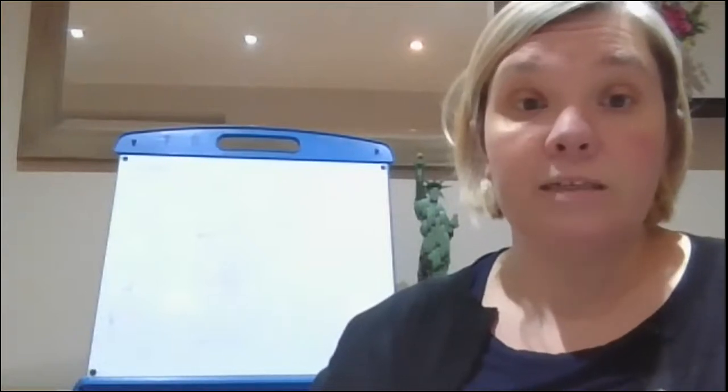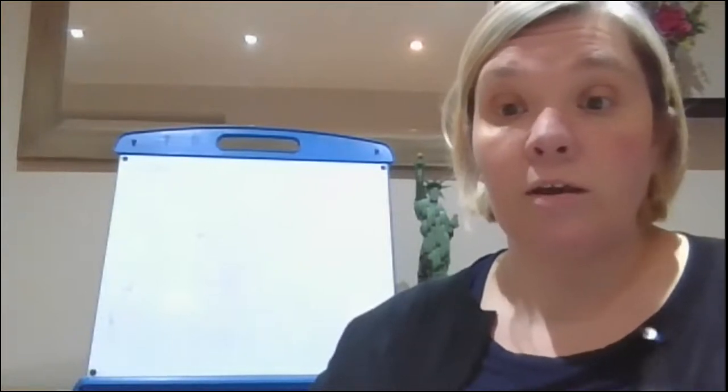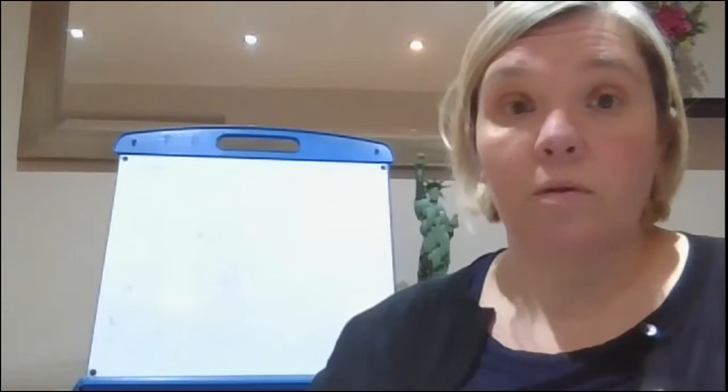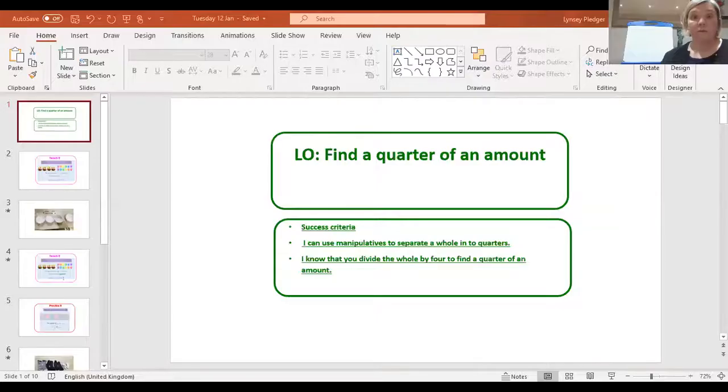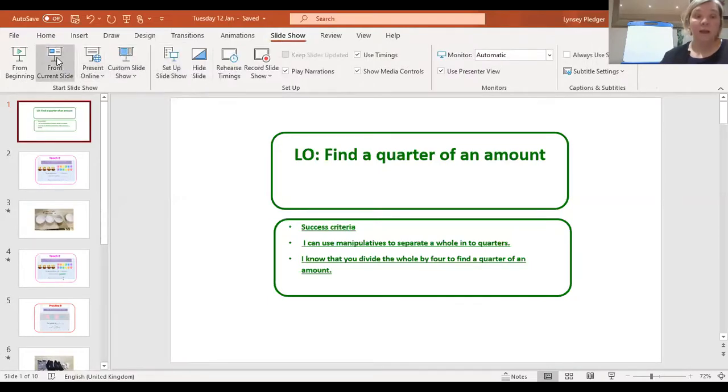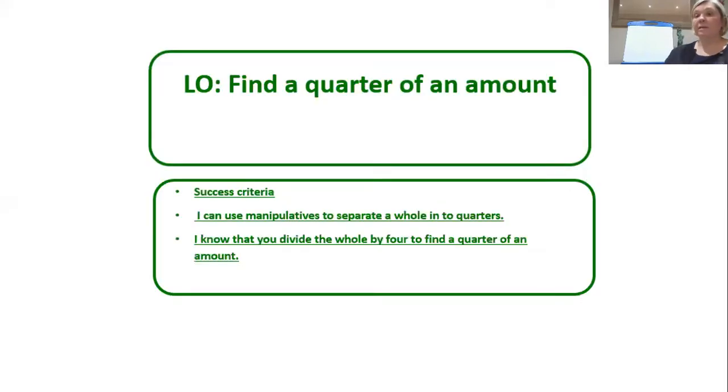So we will start today by having a look at the learning objective and the success criteria. As it says, we are going to find a quarter of an amount. To be successful today, we will be able to use manipulatives, which is just a really posh word for things in our hand, practical equipment, to use quarters.